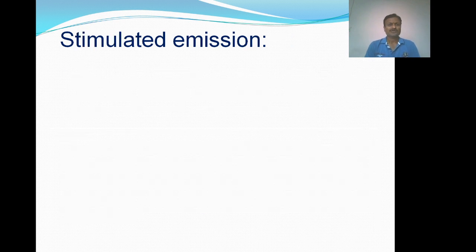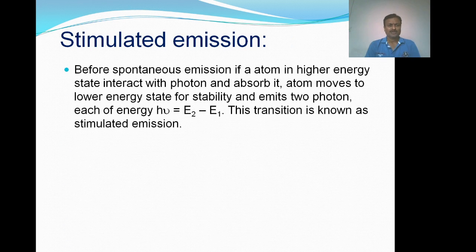Third one is stimulated emission. Spontaneous emission occurs due to natural tendency. But before that spontaneous emission, suppose a photon interacts with that atom, and the atom absorbs that photon. Then the energy of that atom increases, its stability decreases, instability increases, and to acquire stability, the atom moves from that higher energy state to the lower energy state.